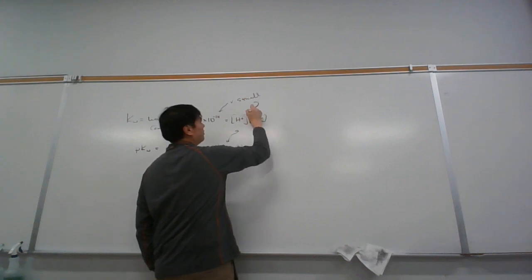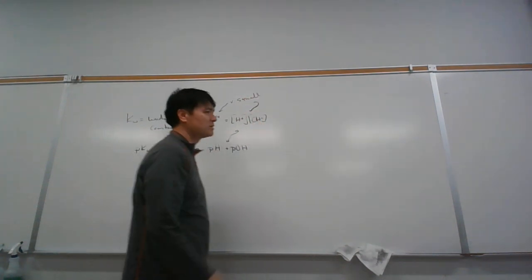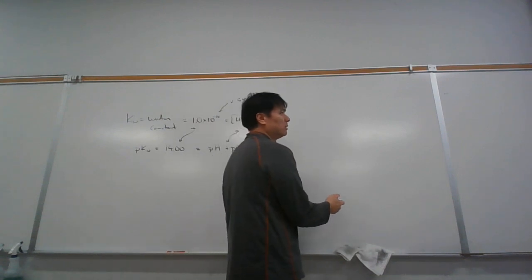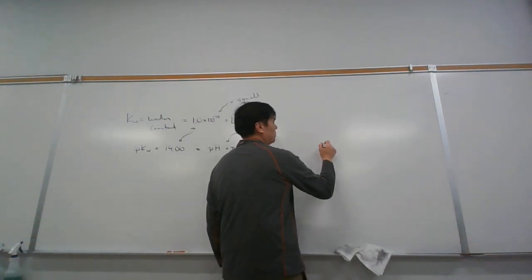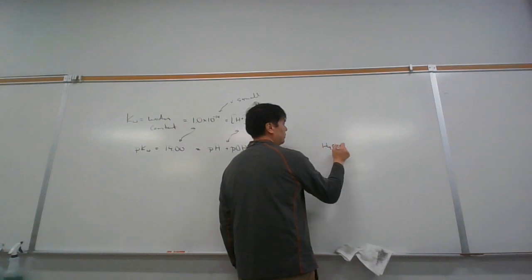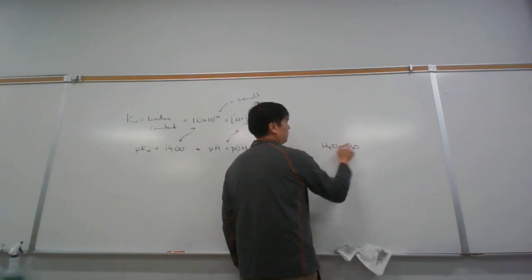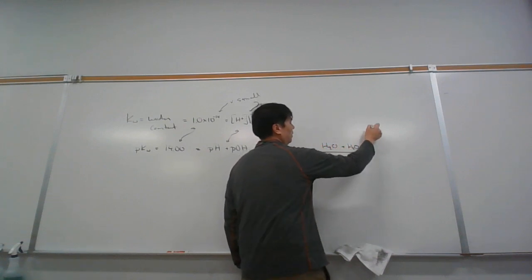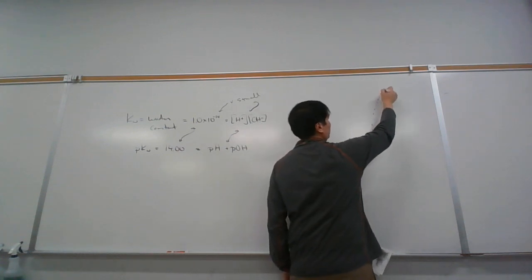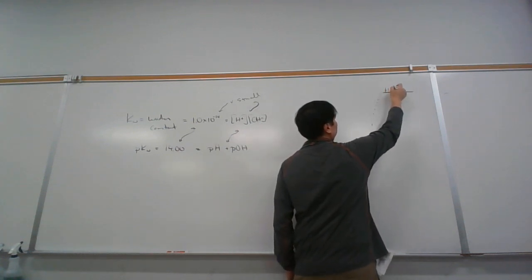Because it's a very unfavorable reaction, most of the water molecules are going to stay down here. Very few water molecules will make it all the way up top here.